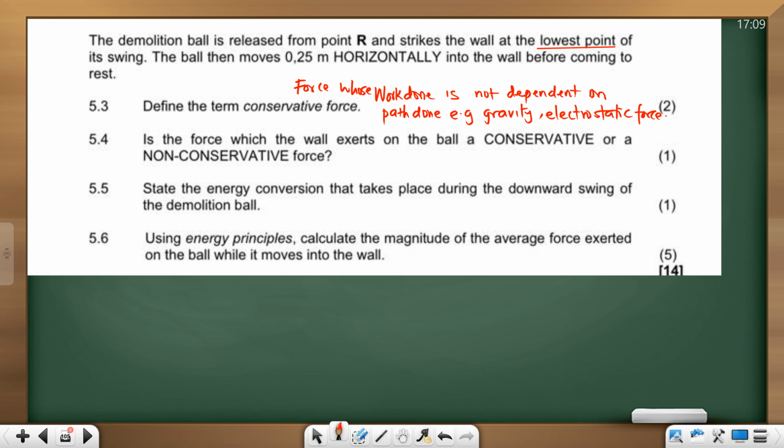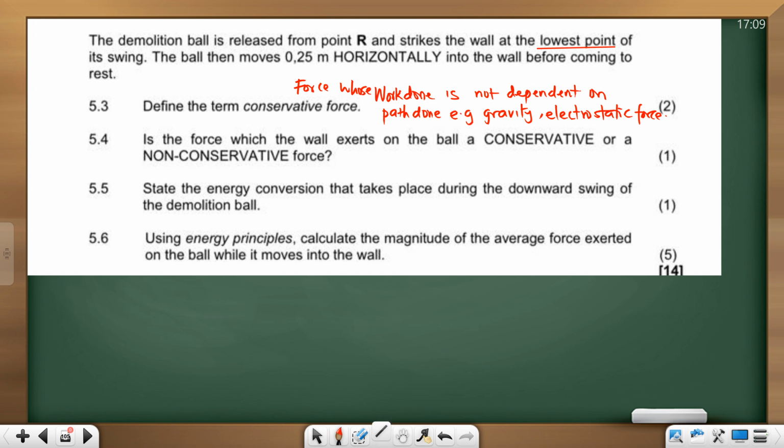Alan says none. Do we agree? Because the wall is actually applying, that's the language. The wall is applying a force on the ball. I am using the word applied, which means it is non-conservative.